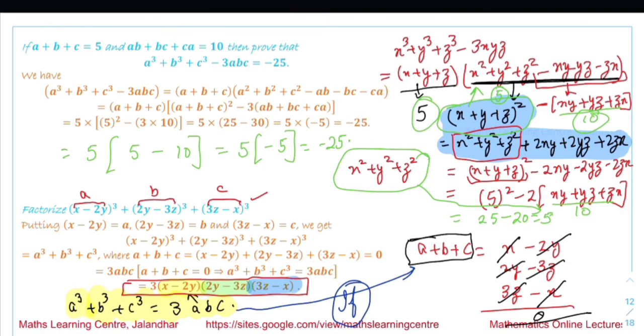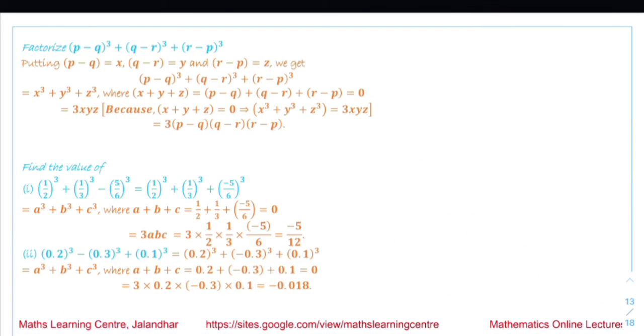Now in the next question, it is (P minus Q) cube plus (Q minus R) cube plus (R minus P) cube. So again you put this as A, this as B, this as C, and we calculate A plus B plus C, then the value of A plus B plus C will be 0. You can check these values over here.